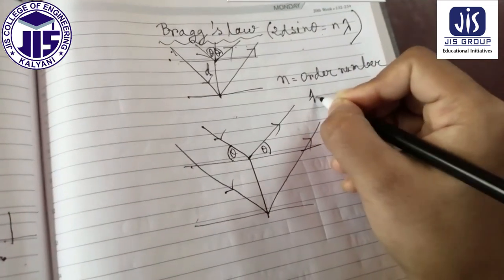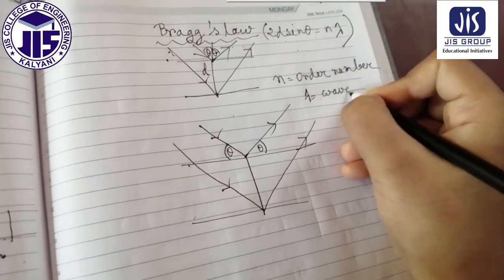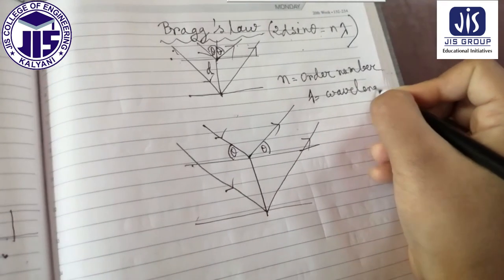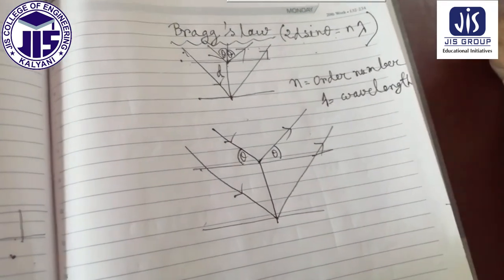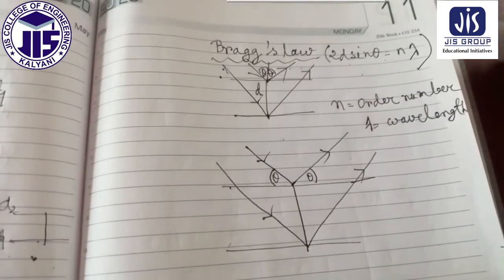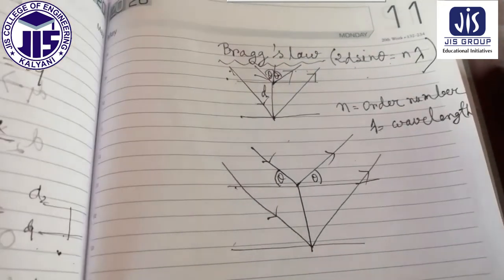Lambda equal to wavelength. Lambda equal to wavelength, n is the order number, and theta is the incident angle.